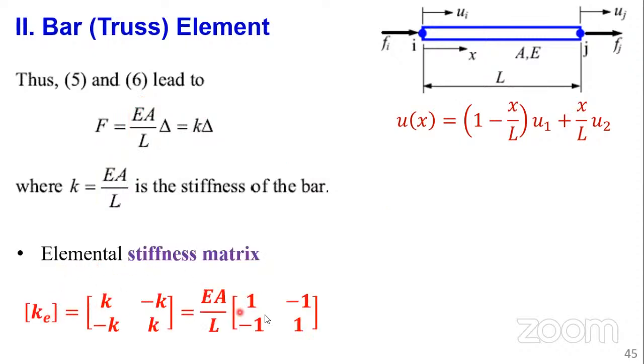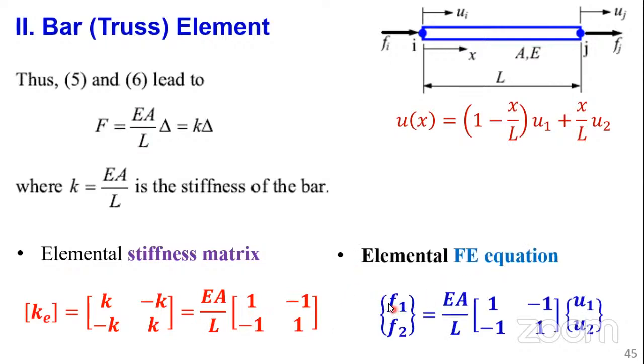This is the elemental stiffness matrix. If we introduce the force vector F1, F2, or Fi, Fj, and Ui, Uj, or U1, U2, then you have the elemental finite element equation for the bar element. The only difference from the spring element is that the stiffness for the spring was just K, the spring constant, but for the bar element, the stiffness is expressed as EA over L.